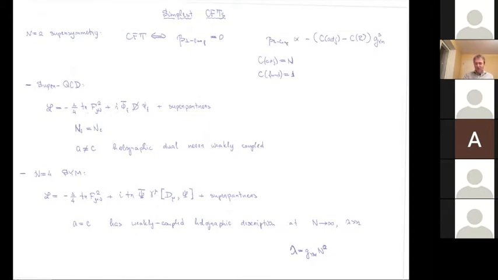The basic example of it is the CFT which is the weakly coupled limit of string theory on AdS5 times S5. Whereas for super QCD, the anomaly coefficients don't match. And this means that this theory doesn't have a simple holographic dual. It may exist, but it will never be weakly coupled.